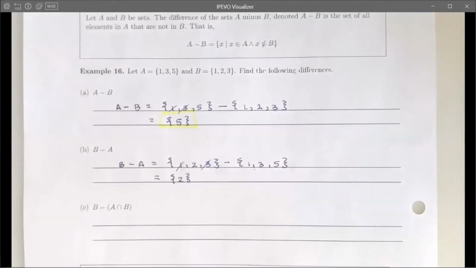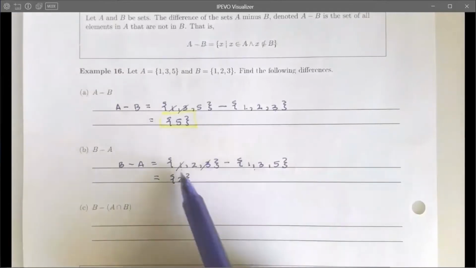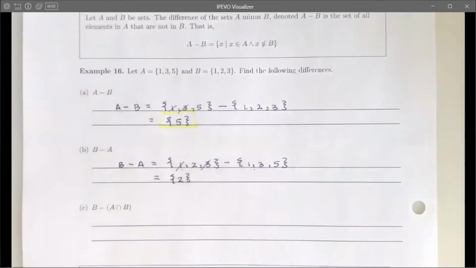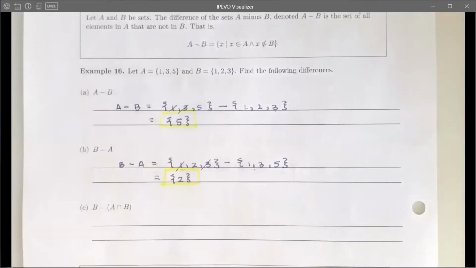So again, 2 is the only element of B that is not found in A. So that's the only element in the difference.